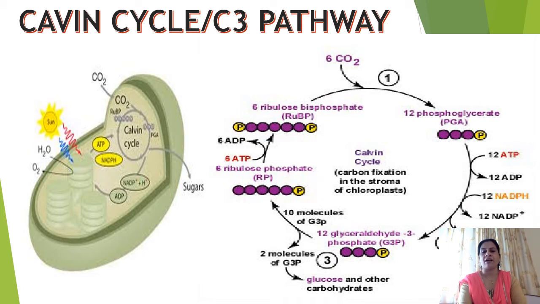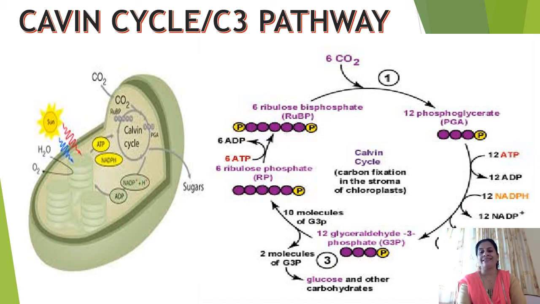After accepting 1 carbon, it becomes a 6-carbon unstable compound, which immediately splits into phosphoglyceric acid, a 3-carbon compound. Hence 2 molecules of PGA are formed.